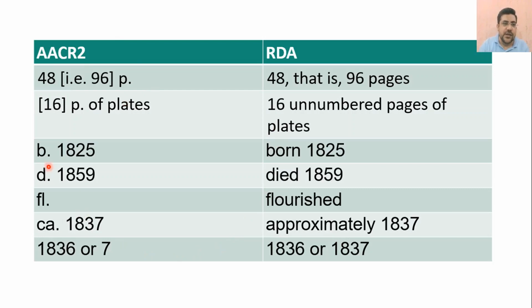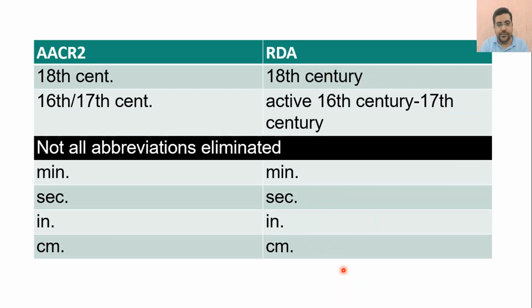Similarly, we use B dot for born and the year of birth, and then D dot for death and then year of death. This is something we need to remember in AACR2, but in RDA, there's no need to remember. And similarly for century. But not all abbreviations are eliminated.